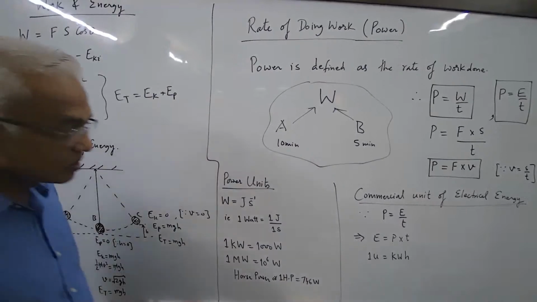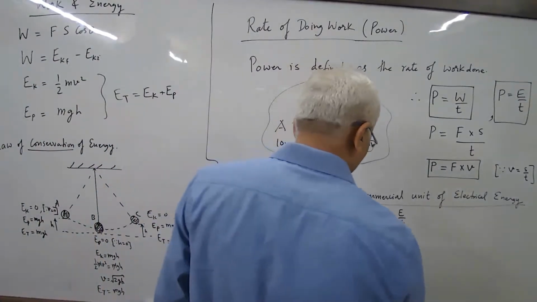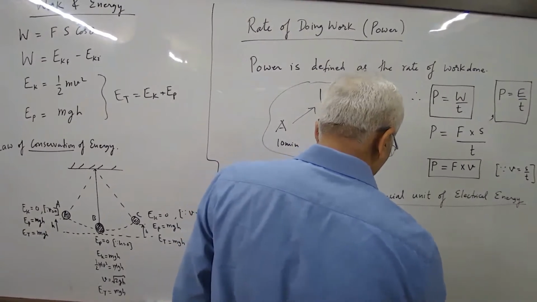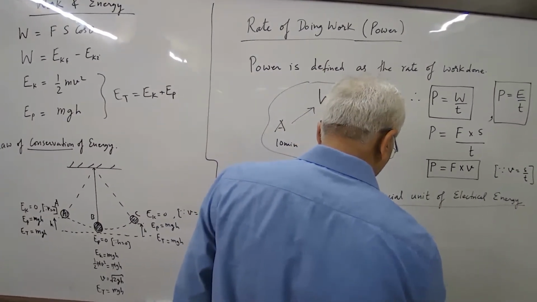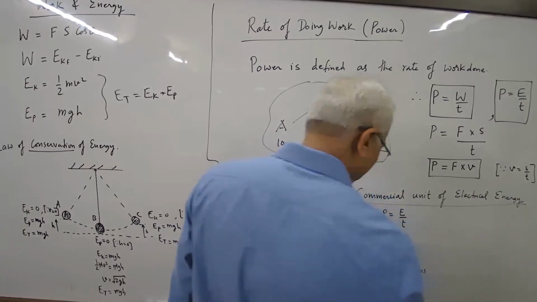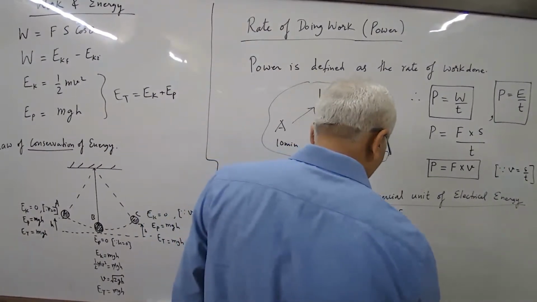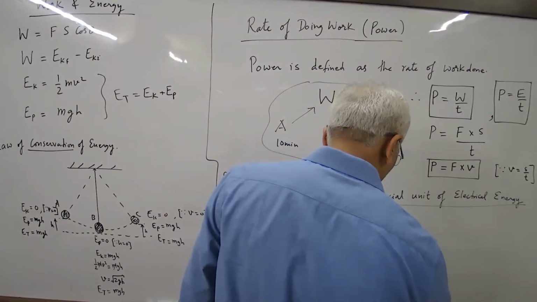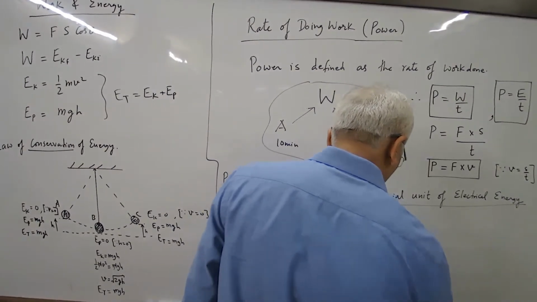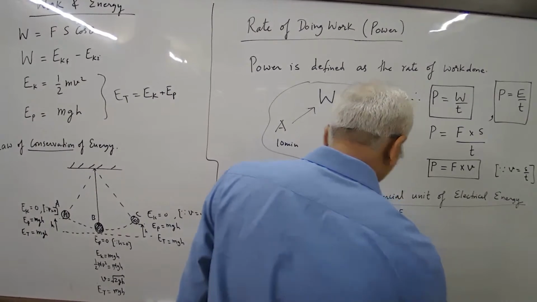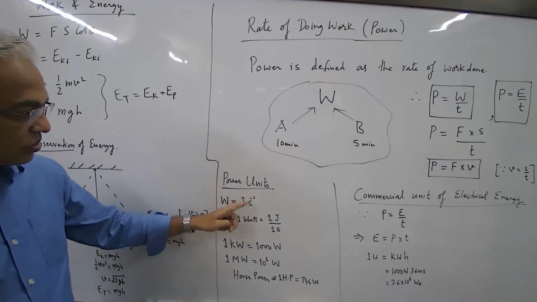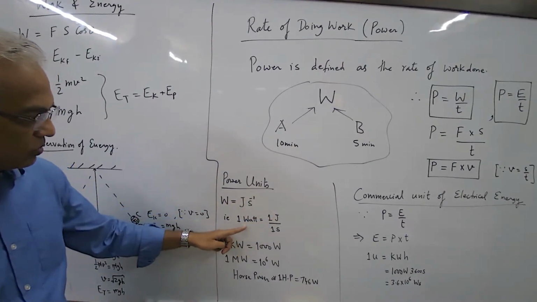So we'll express it in joules. What is kilowatt? Kilowatt is 1000 watt. An hour is 60 into 60, 3600 second. So this will become 3.6 into 10 raised to 6 watt second. And what is watt second? Watt into second is joule.